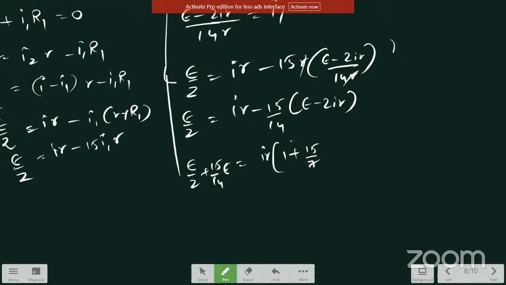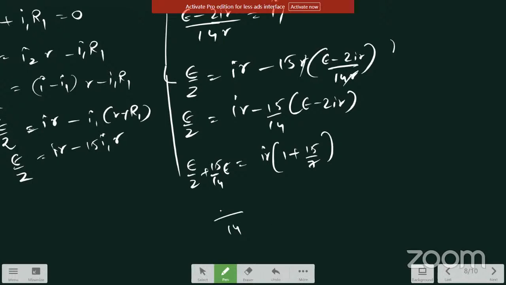Got it? Next, solving this way, you will get I. Let me do it here only.